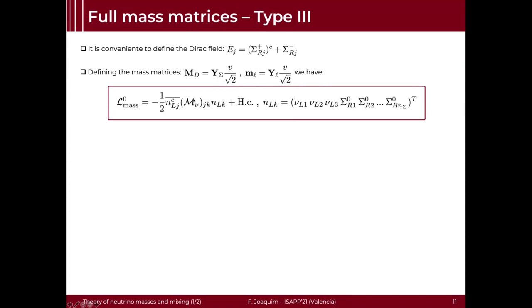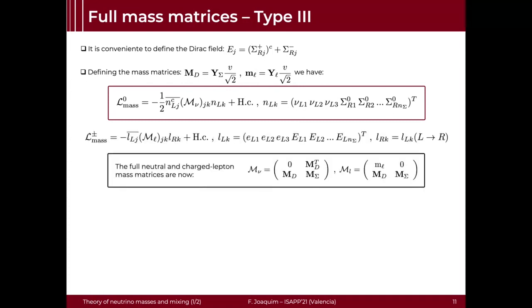And for the neutral fermion sector, defining this vector in this way, where I put the standard model nu L's first, and then the neutral sigma fields after. If I do the same thing for the charged leptons, I put the standard model charged leptons here and the new charged lepton states afterwards. I can write the mass matrices for the neutral and the charged lepton states in this way.